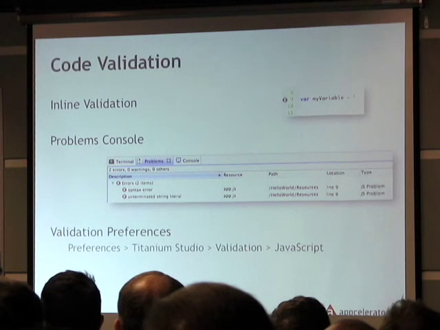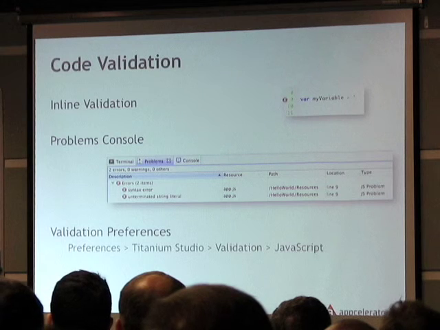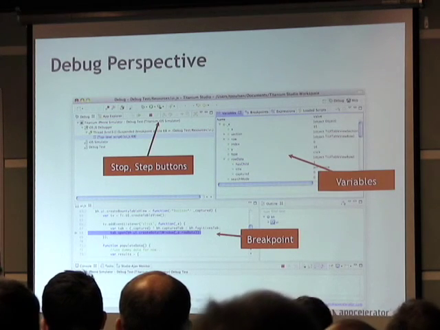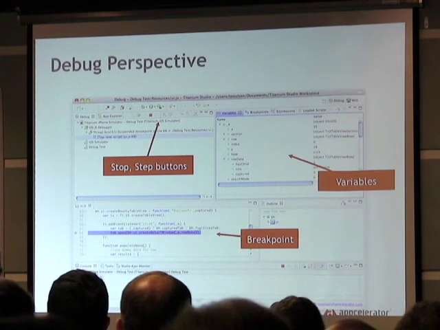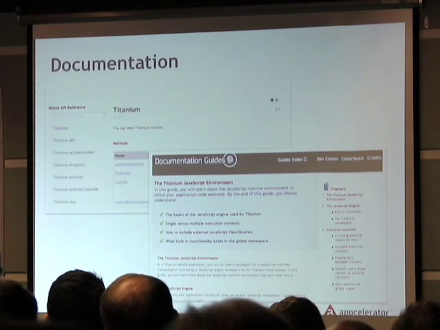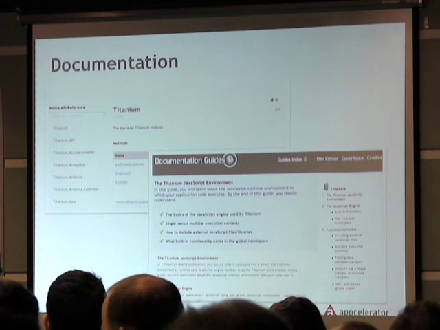It basically runs a JS lint against your JavaScript code and will indicate what all your errors are for you. It has debugging, so you can do JavaScript debugging inside of the IDE also, which is very helpful, much better than print lines. I think that's pretty much it.